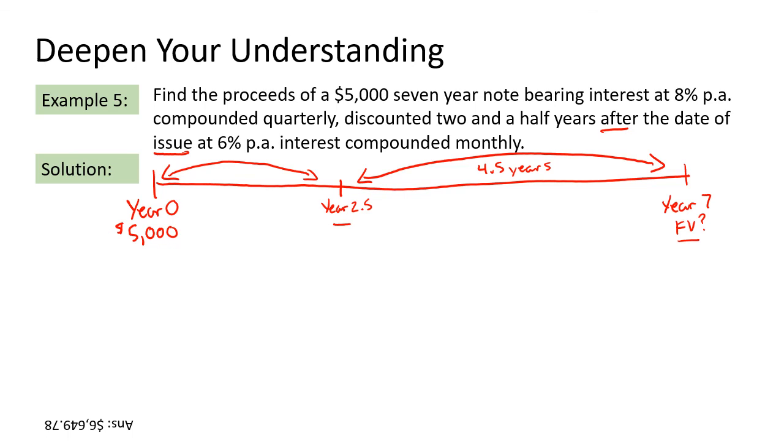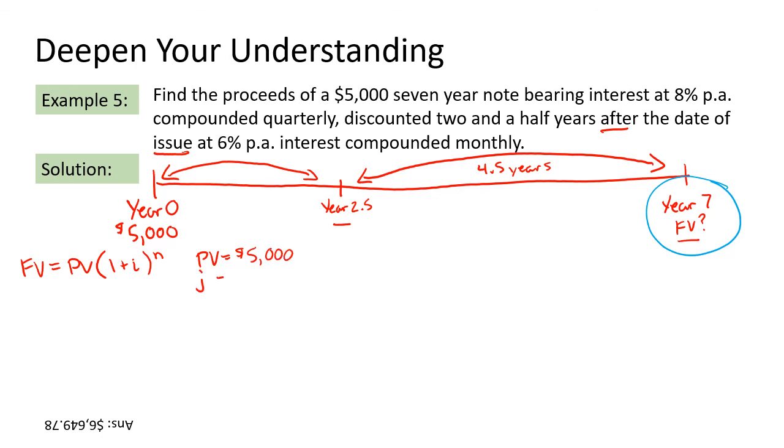the date of maturity, or year 7. So we know that our future value is equal to our present value times 1 plus the periodic interest rate to the exponent n. So we know our present value is equal to $5,000.